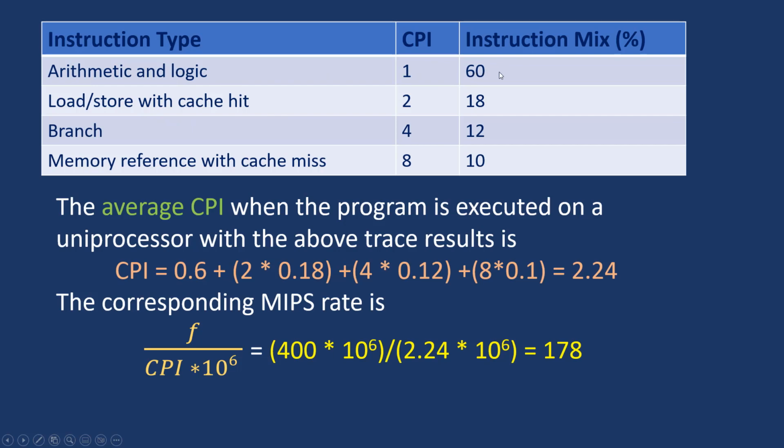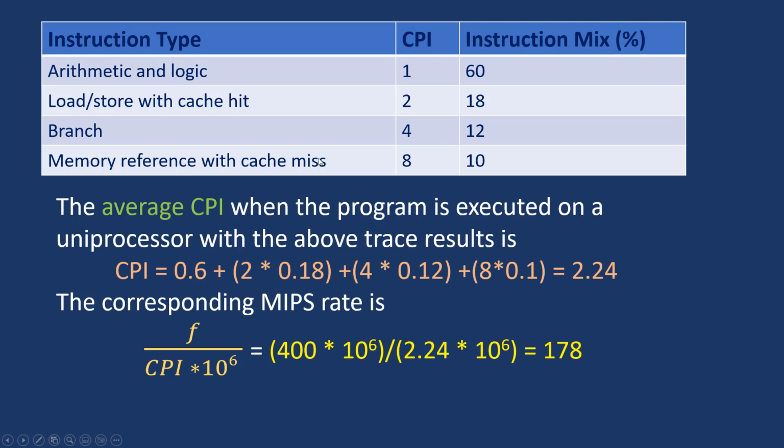Load and store with cache hit, so that is cache access: CPI is 2 cycles per instruction and it is 80%. And branch is going to jump to a different section of the program. It's going to use 4 cycles per instruction, and here it has 12%.